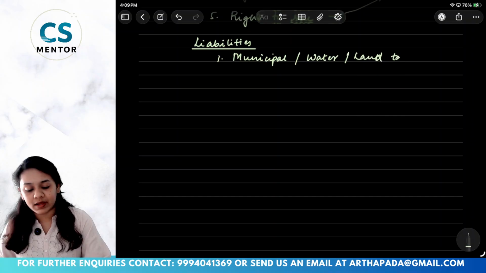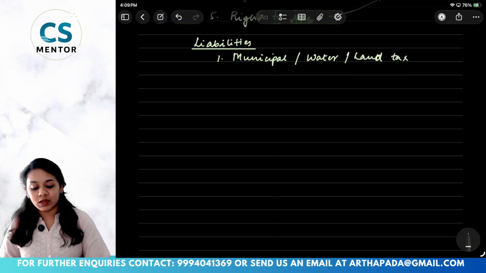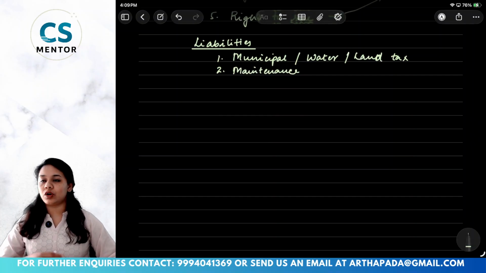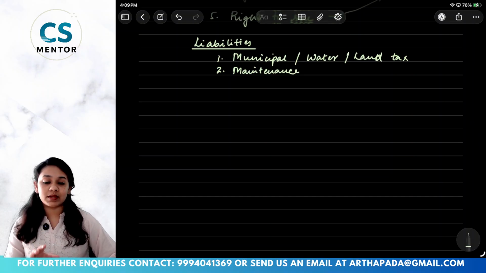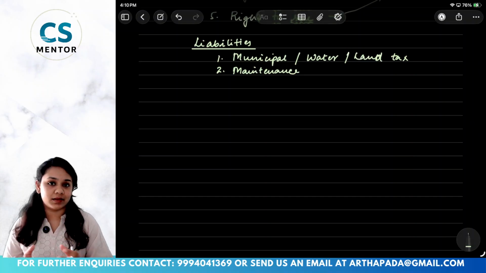Some form of tax will be applicable to you, so that becomes a liability for you. The second one is the maintenance of the property. Property in its general sense, even a concrete building, is still subject to a lot of repairs and damage. So ultimately, the owner has a liability to maintain its upkeep and its integrity.